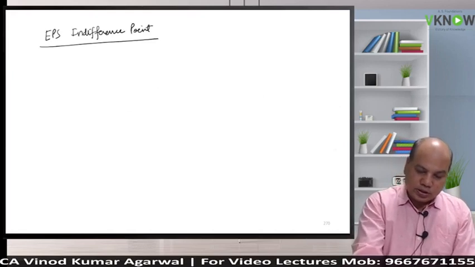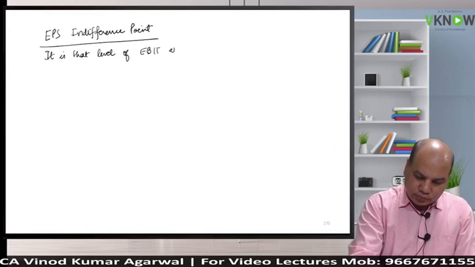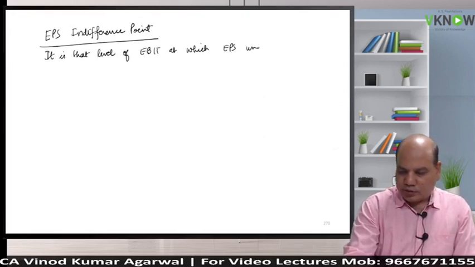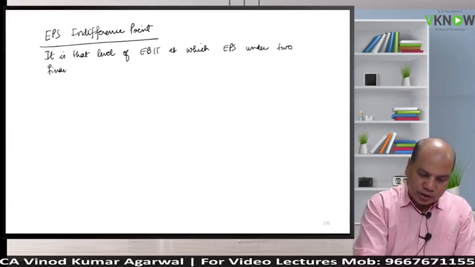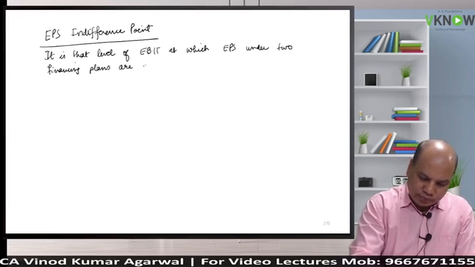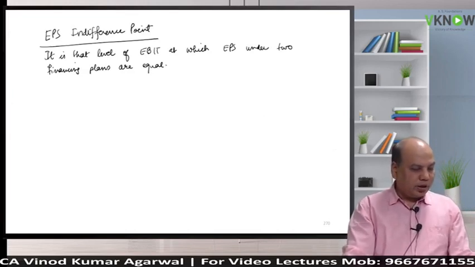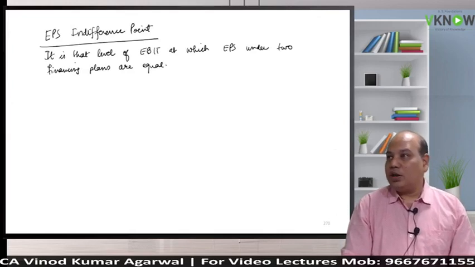First, what is EPS indifference point? It is that level of EBIT at which EPS under two financing plans are equal.